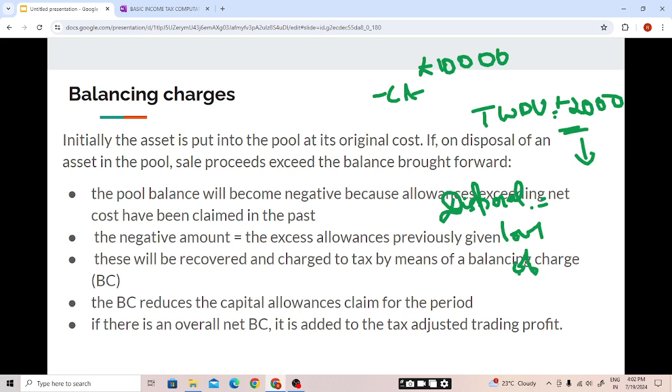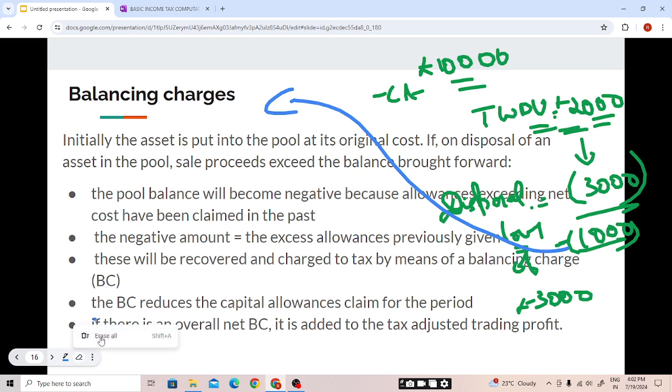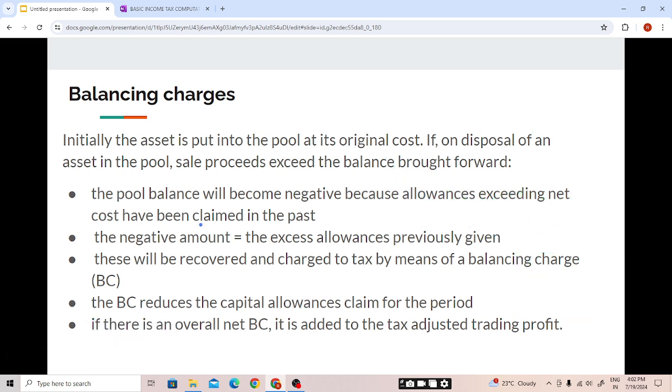The original cost is 10,000 and the sales proceeds are 3,000, but the value is only 2,000, students. So the disposal will be written here as 3,000. It will give us a negative figure. This negative figure is known as a balancing charge.